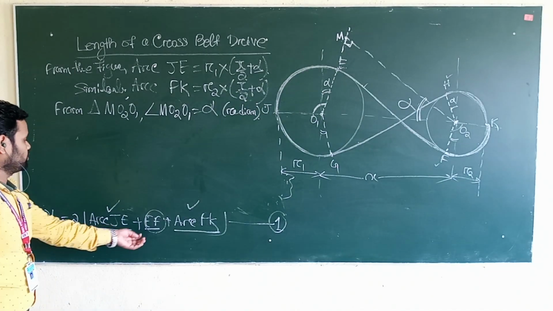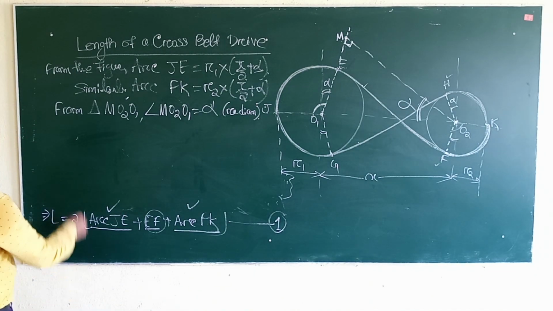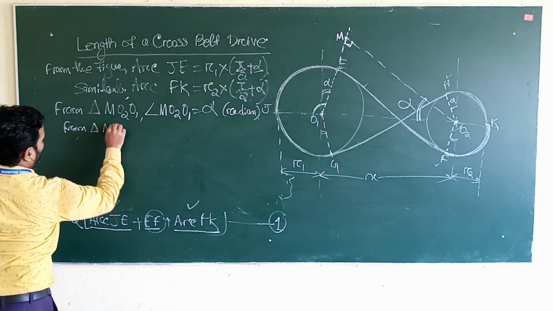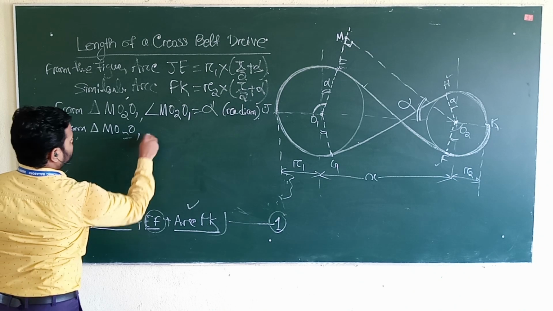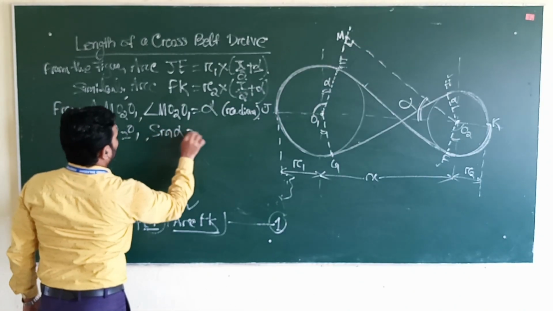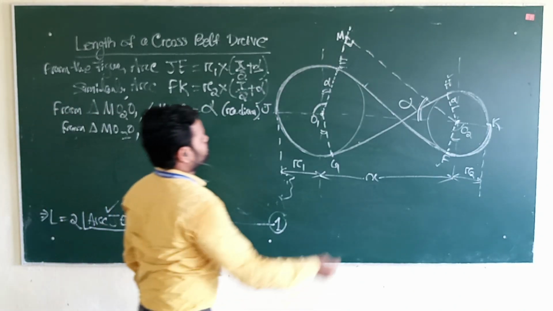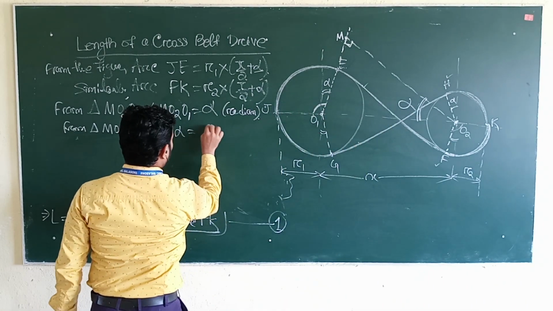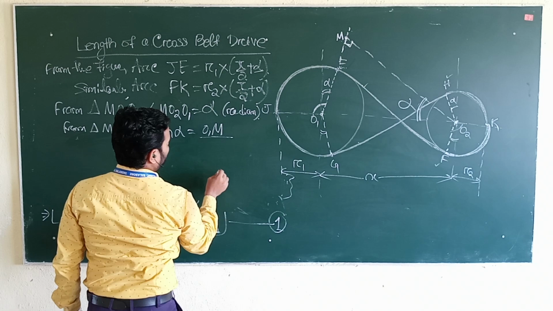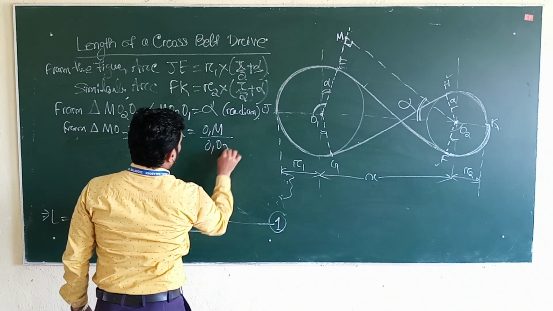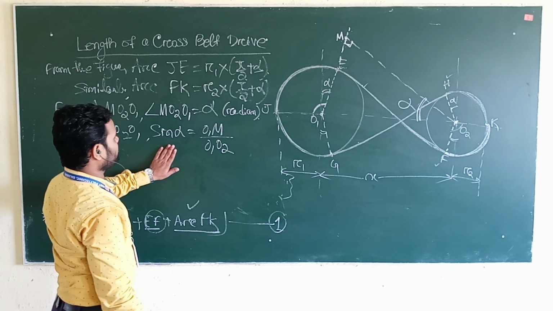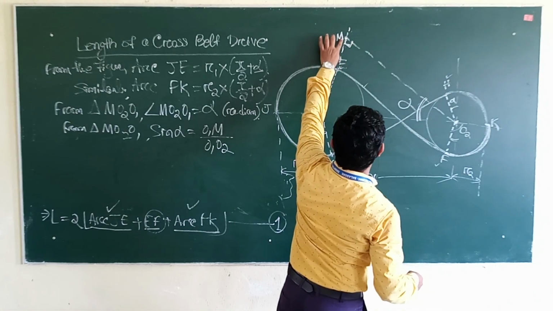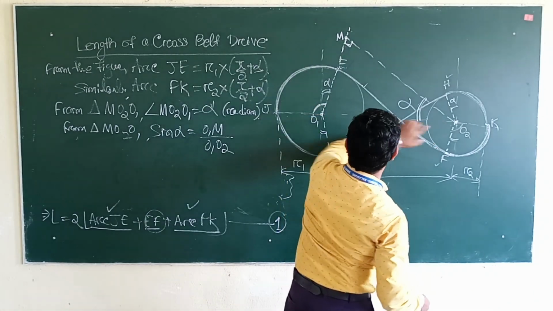So now we will calculate the value of alpha. Here you will see from triangle M O2 O1, sin alpha equal to, what is the value of sin alpha? Sin alpha means the front, this much. The front is your O1M divided by O1 O2. From this figure you will see the front side of alpha and the side close to alpha.